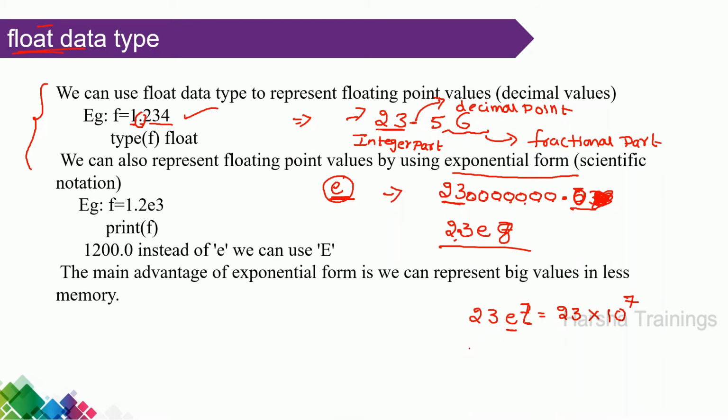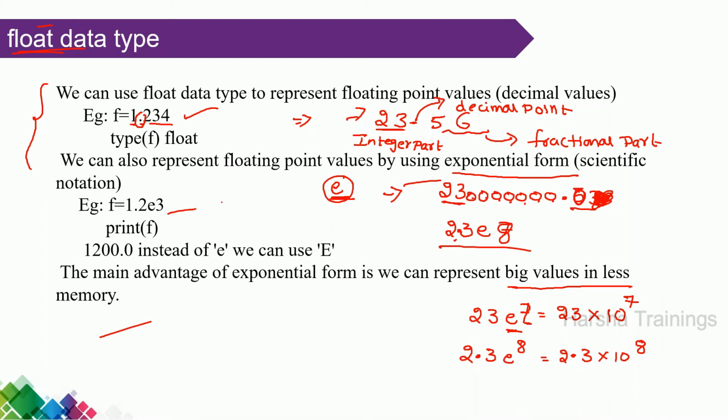Or you can write 2.3E8, which is 2.3 into 10 power 8. The decimal point and the power both cancel out. Here you can use either lowercase or uppercase. The main advantage is that you can represent big values in less memory. This is a simple example, but actually we are not using it.